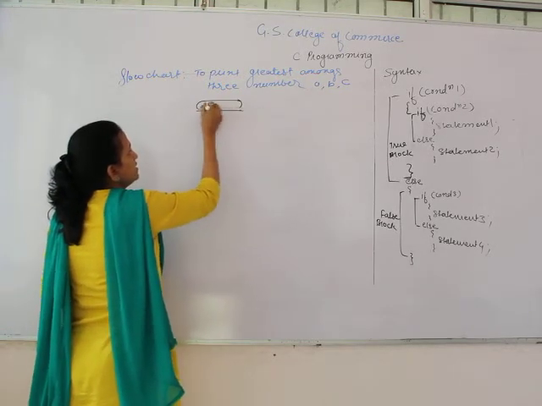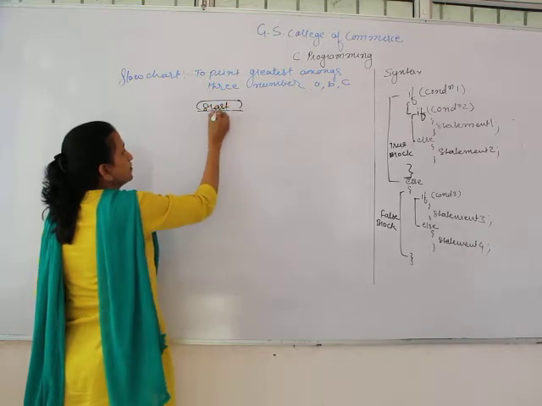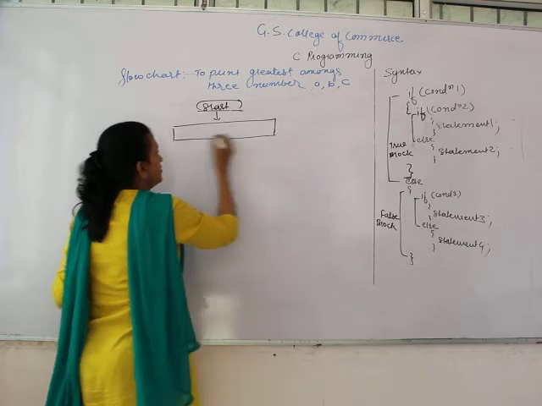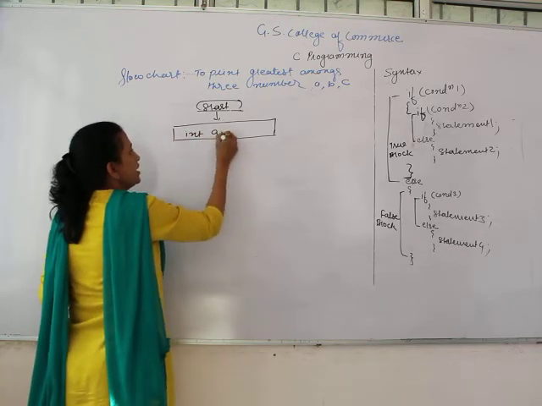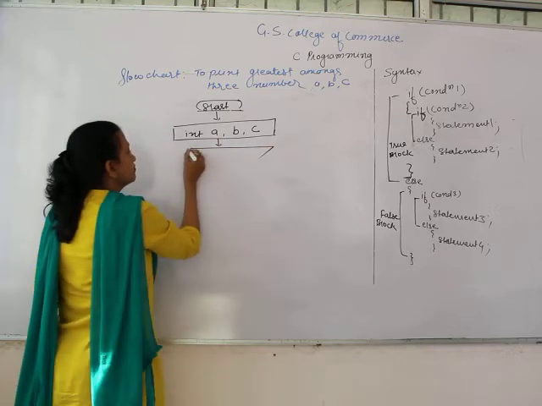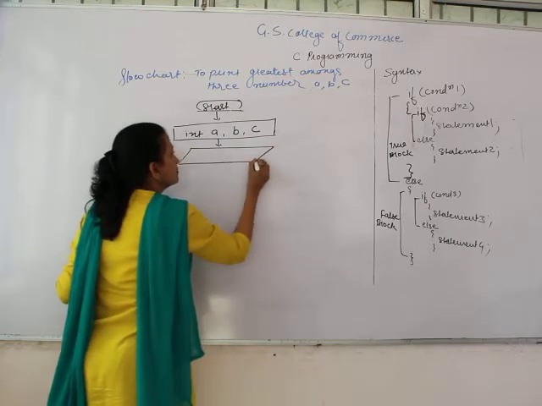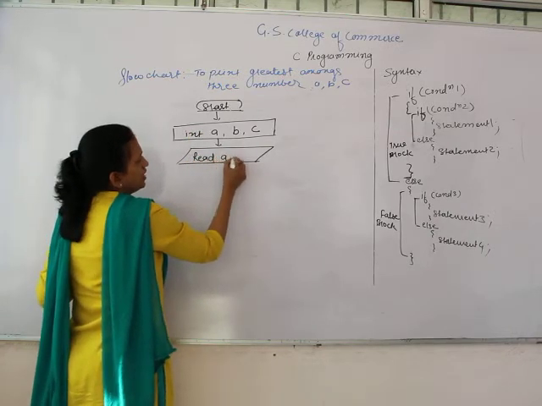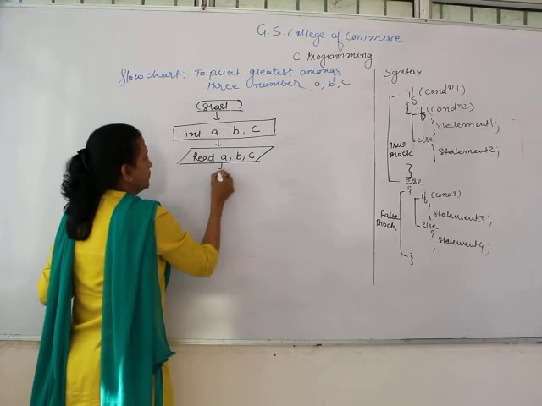First, start. Now declare 3 variables as integer: a, b and c. Then read, or you can say input, a, b and c.